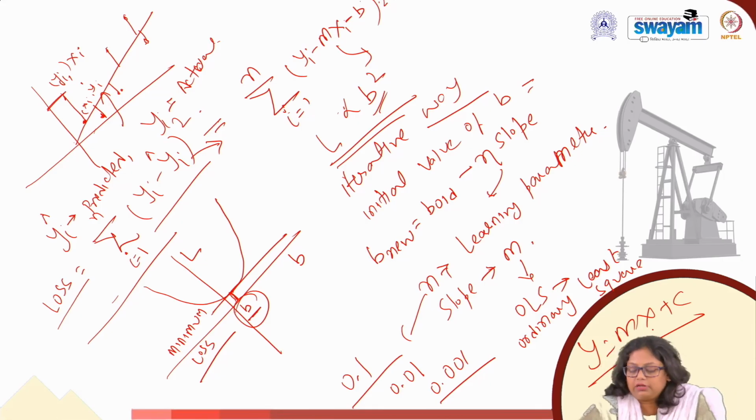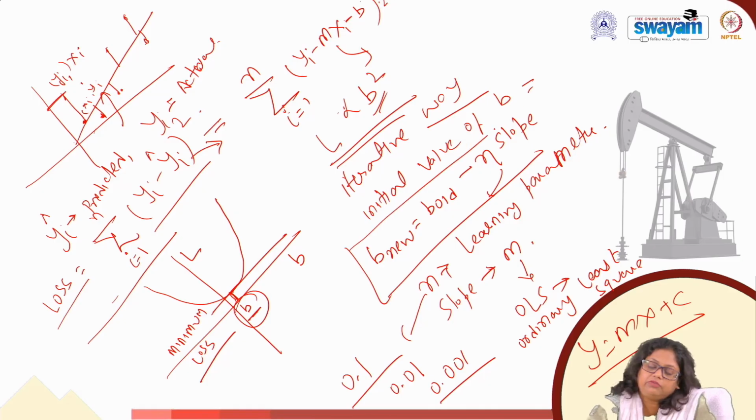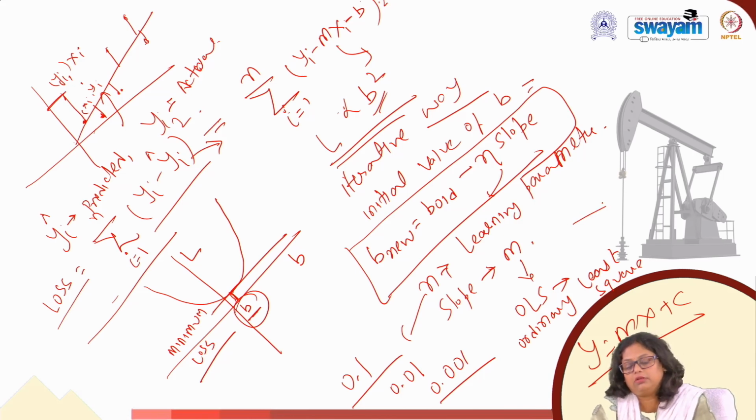So we calculate the value of m, then we take one initial value of b and move ahead with this equation. We are looking for the actual b where the loss is minimum. This is the whole objective we have. So let's see all this through the code.